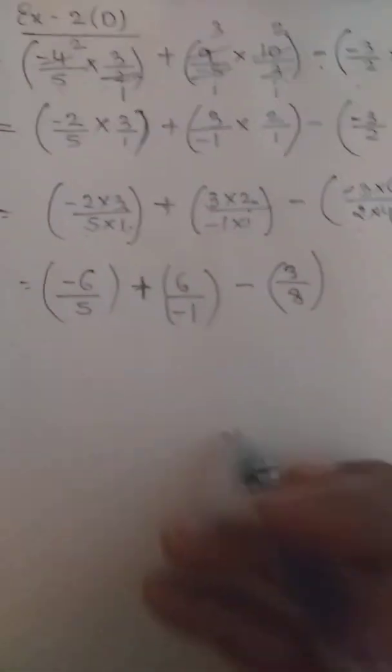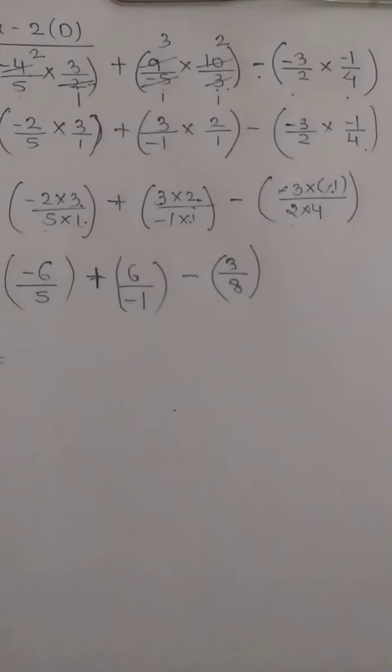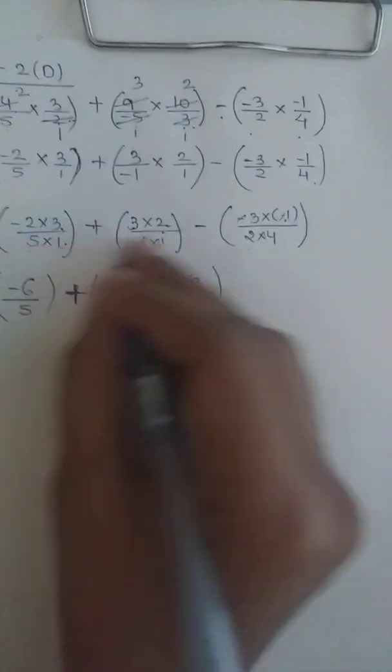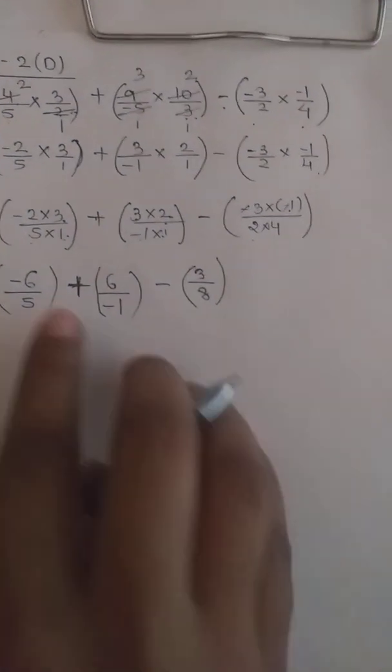Now the next. Multiply all the numbers. Done. Multiplication of all the numbers. We get this number. Now we'll change the sign wherever it has to be changed.